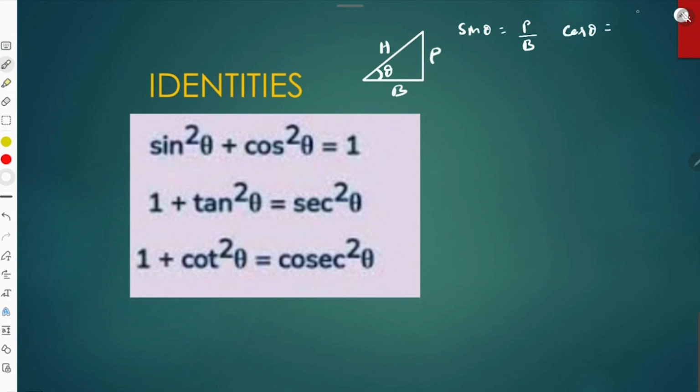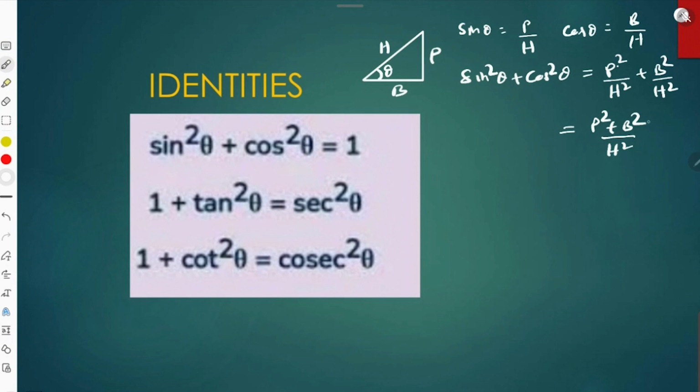B by H. If you square and add them, sine square theta plus cos square theta equals P square by H square plus B square by H square. So the numerator will be P square plus B square over H square, and by Pythagoras formula, P square plus B square will be H square only. So H square by H square, this is 1. So sine square theta plus cos square theta is going to be 1.